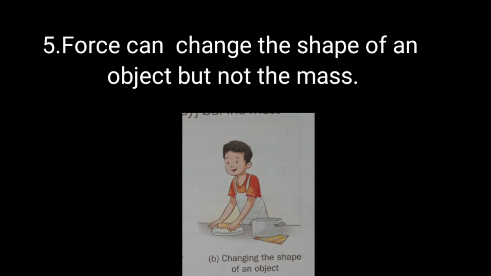Okay, so I hope you have understood these effects of force. Number one, keep in your mind that force can start an object which is at rest, an object which is not moving. Number two, when the object is moving, we can stop it by applying force in the opposite direction to the motion of the object.